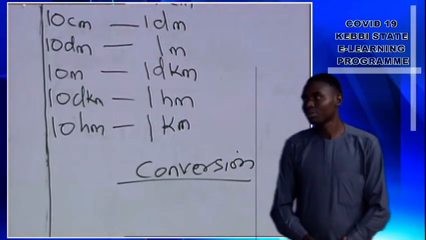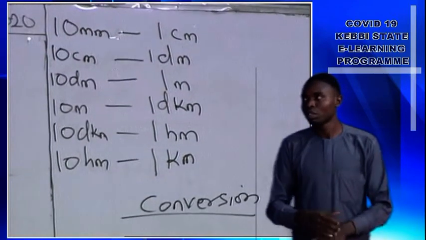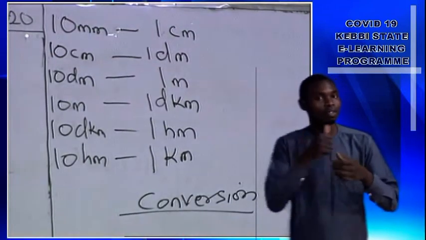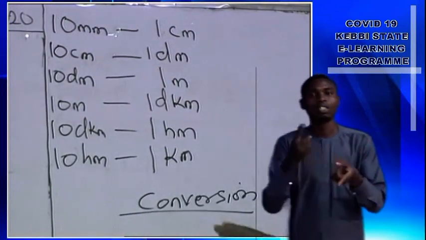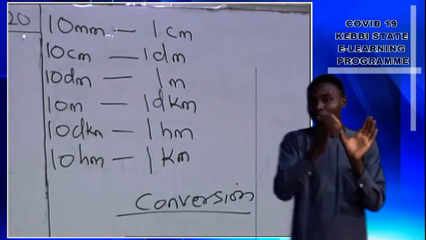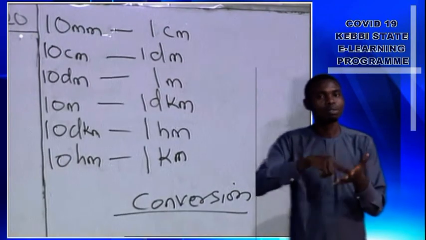Conversion. Assuming we have a reading that comes in millimeter and we want to convert it. If we say conversion, what do you mean by conversion? Conversion simply means to change something to become in a standard.